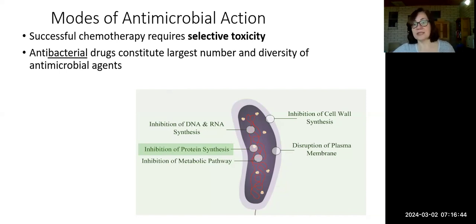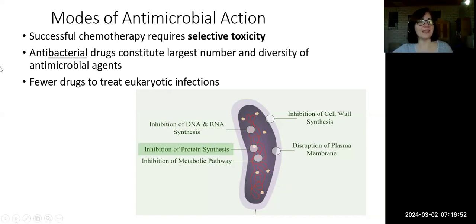And again, the reason is because bacteria are so different from the eukaryotic cells that there's lots of different targets to go after. There aren't as many drugs to treat eukaryotic infections. So to treat fungal infections or to treat worm infections, there are some effective treatments, but there aren't as many targets.